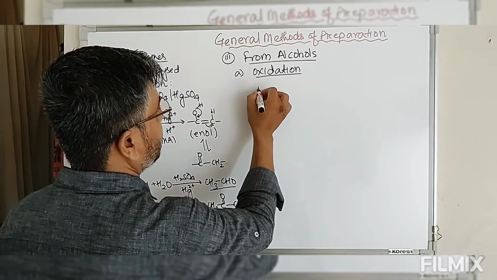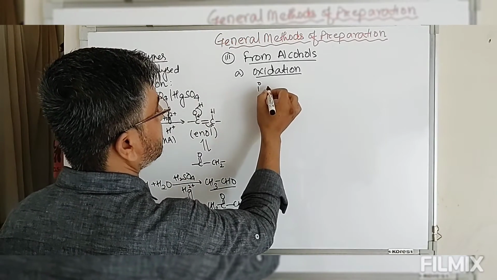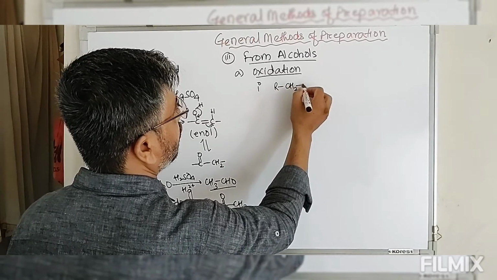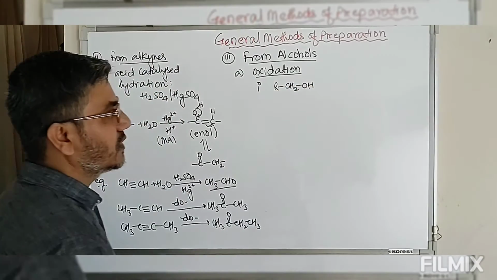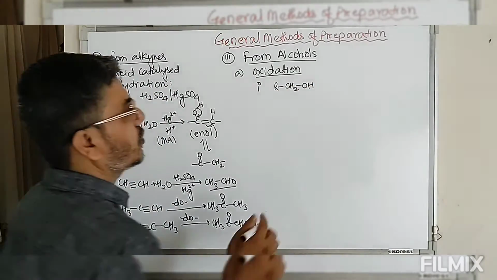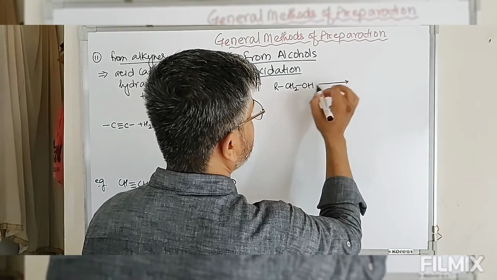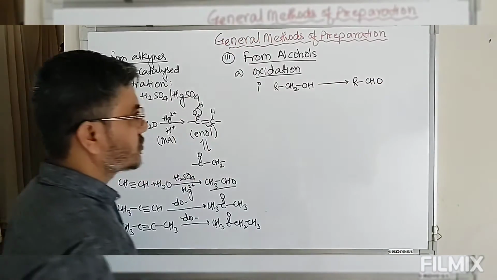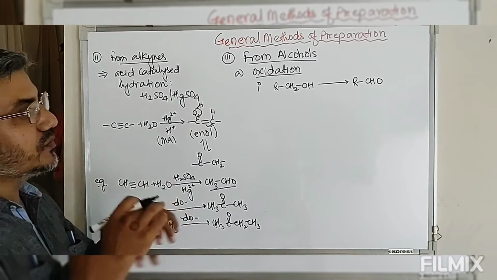So primary alcohol, RCH2OH. This is primary alcohol. Now primary alcohols on oxidation will give you aldehyde. So oxidation of primary alcohol gives you aldehyde.